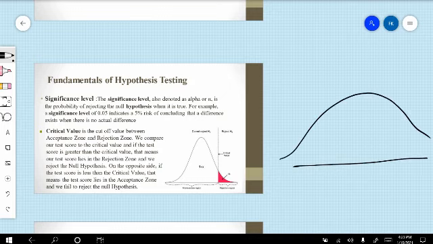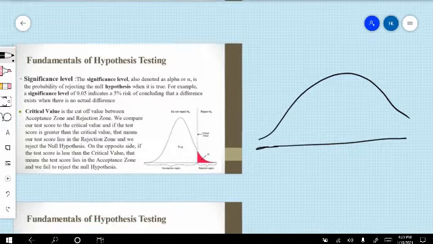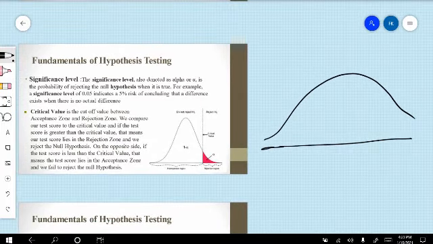Here, as we see in this diagram, the significance level, we decide it. We adopt 5% or 1% or 0.01. So we decide the significance level from the start.